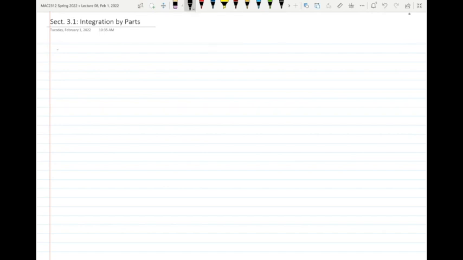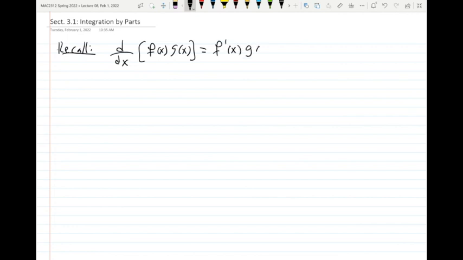So recall, if I take the derivative with respect to x of a product of two functions, what is this equal to? Remember this? f prime of x times g of x plus g prime of x times f of x.